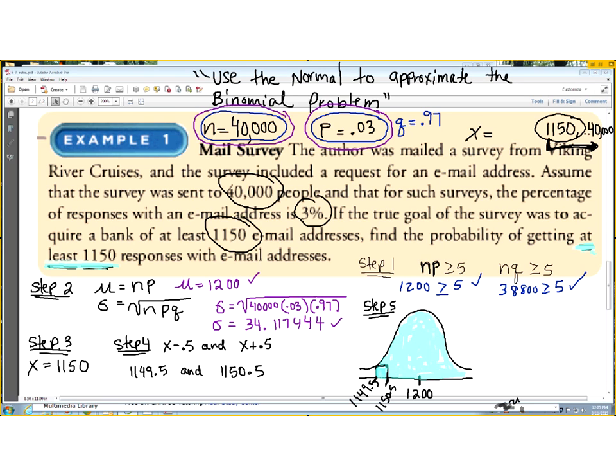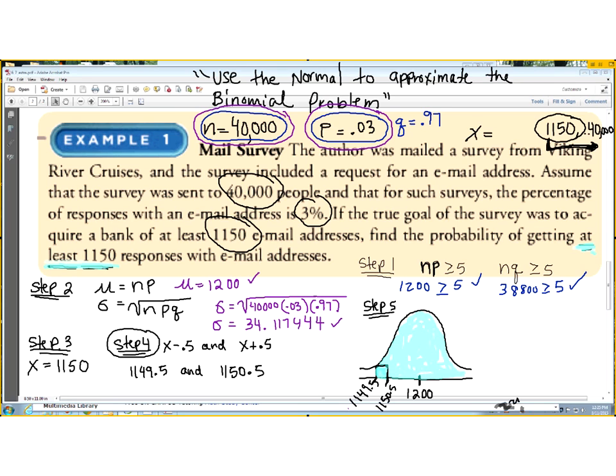So what I need to do now is, I already have the markers, and again, I said step 4 is probably the harder step, just because you have to figure out what the markers are, where that strip ends and where it begins. And then you have to figure out if the strip is included and whether we shade to the left or to the right. Now, this is not a standard normal distribution, because the mean is not 0. So what we're going to have to do is find the line, and I usually put it at the bottom, but I ran out of space here.